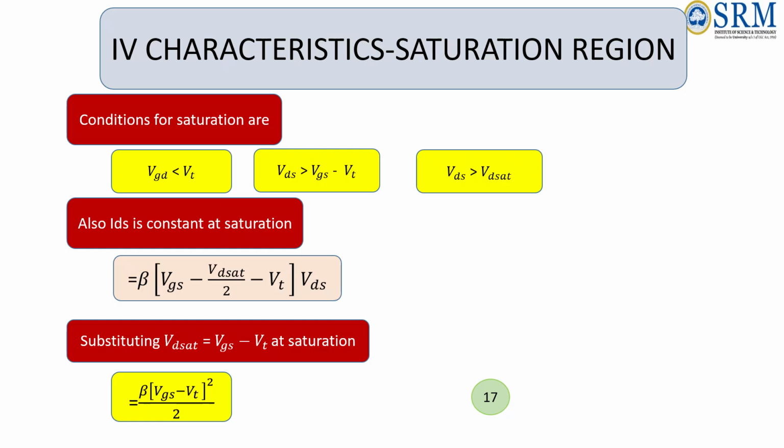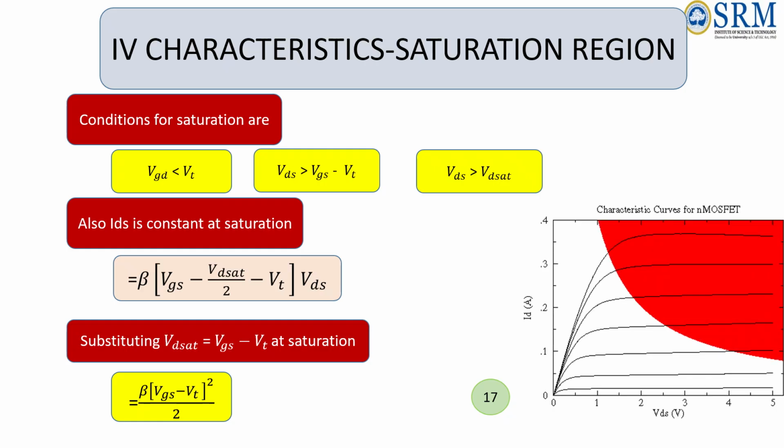That has to be modified for the saturation region. For this, we should substitute the conditions for saturation, which are VGD should be less than VT, VDS should be large, and it should be greater than VGS minus VT, and the MOSFET goes into saturation when VDS is greater than VD sat.